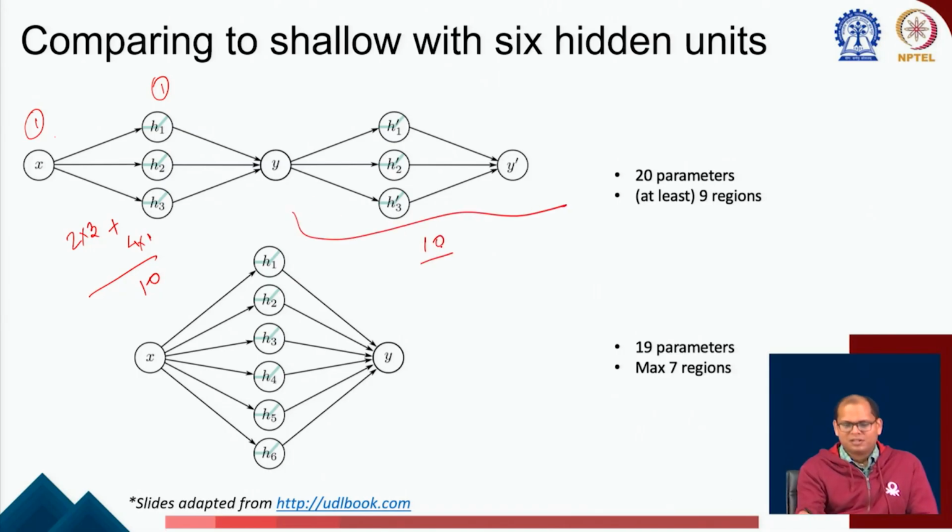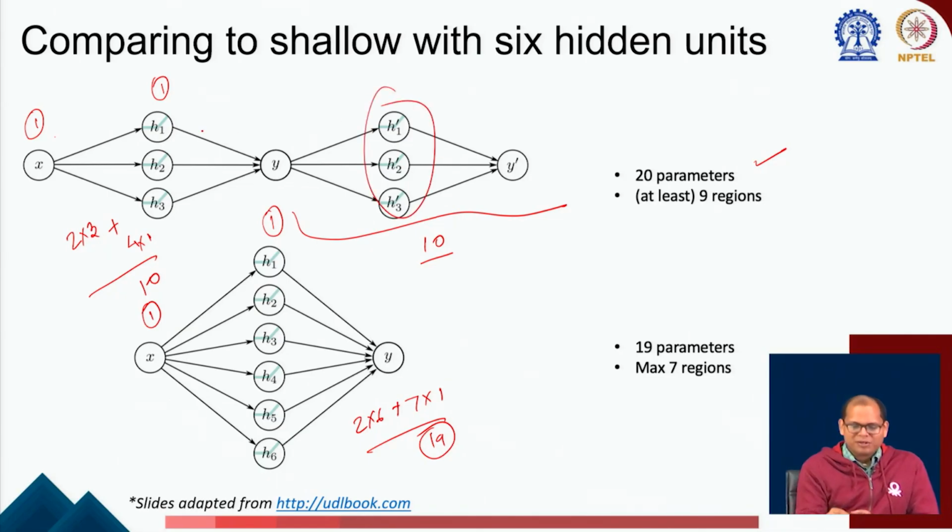So, another 10 parameters. So, you have 20 parameters, while here you have 2 into 6 plus a bias term, 7 into 1. So, 19 parameters. So, that means this shallow network has one less parameter than a deep neural network, where you are dividing the 6 neurons as 3 and 3.